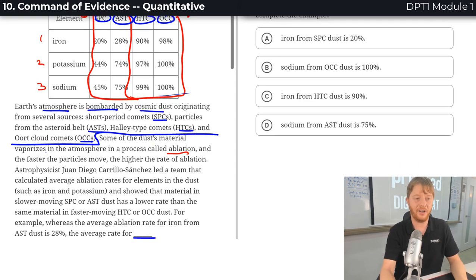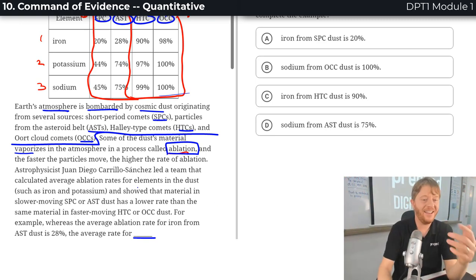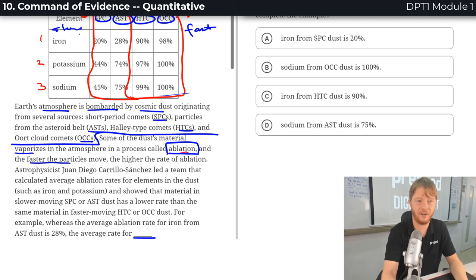Some of the dust's material vaporizes from the atmosphere in a process called ablation. Okay. So ablation is when the dust just disappears. It evaporates in the atmosphere, just like I'm saying. And the faster the particles move, the higher the rate of ablation. So I guess that means these are really fast and these are slow.